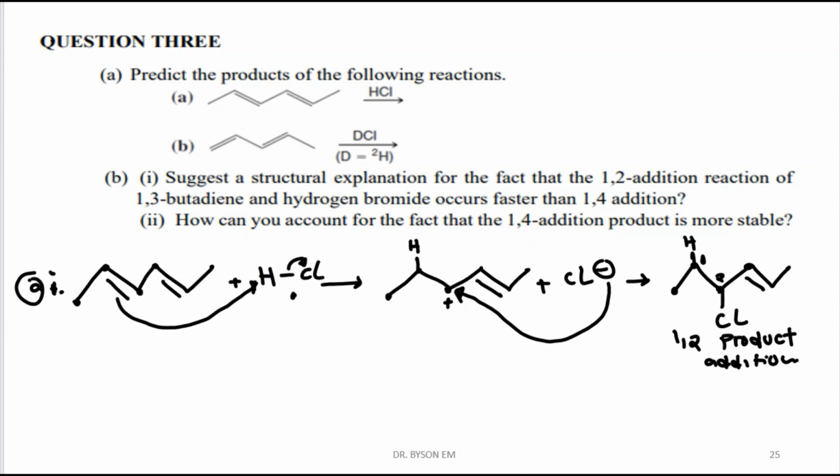The second way it can occur is like this. So react it with hydrogen chloride there. This in the first step will attack this. The chloride goes, and then it will form this.